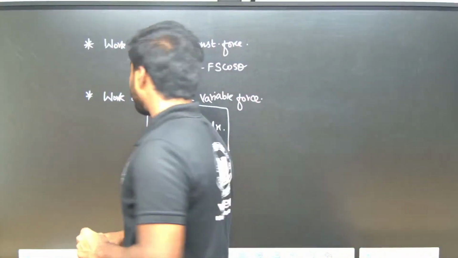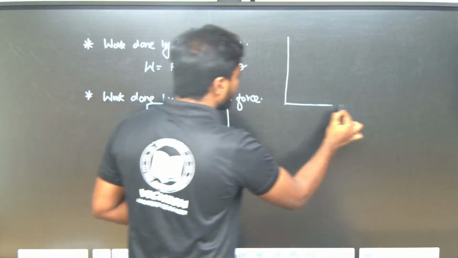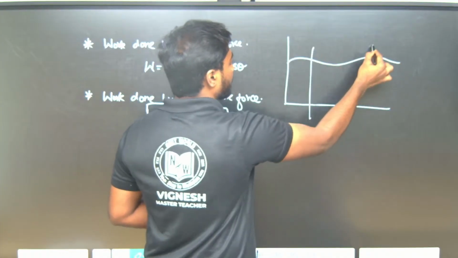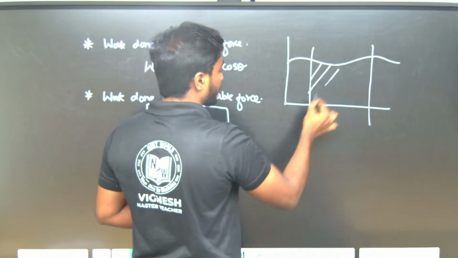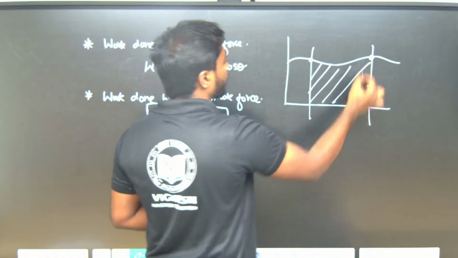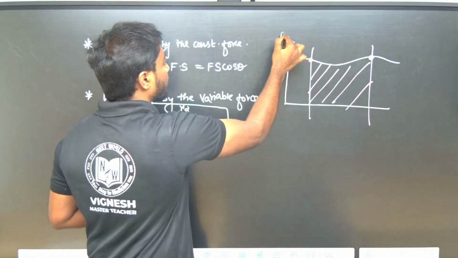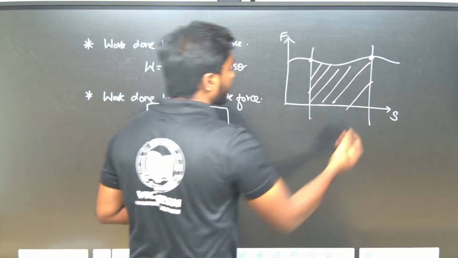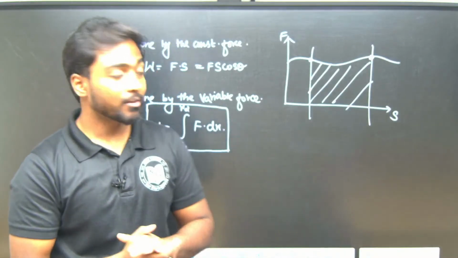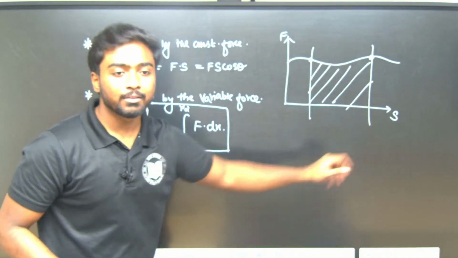Similarly here, suppose this is my graph. From this point to this point a force has been applied and a displacement has taken place. So this is my force and this is my displacement. The area under the F-S graph will give the work done.